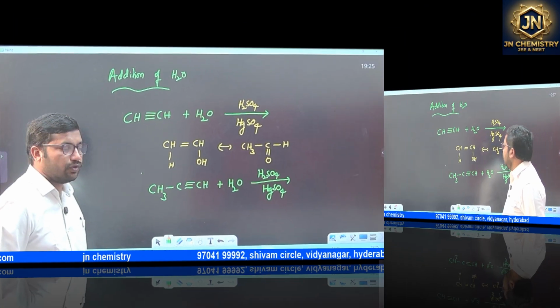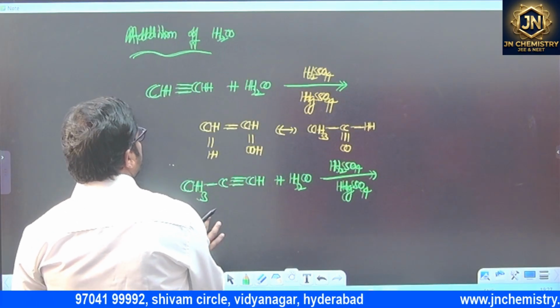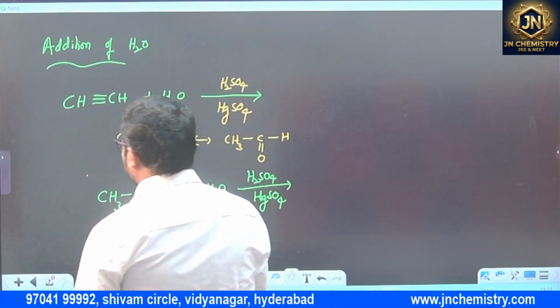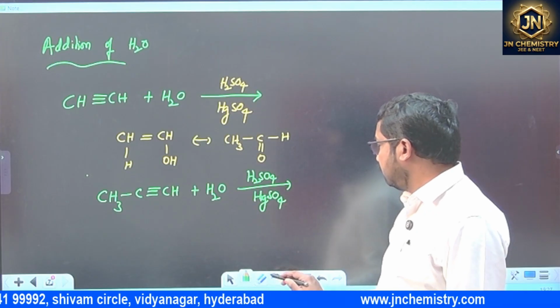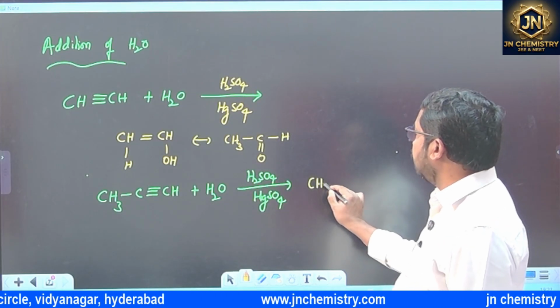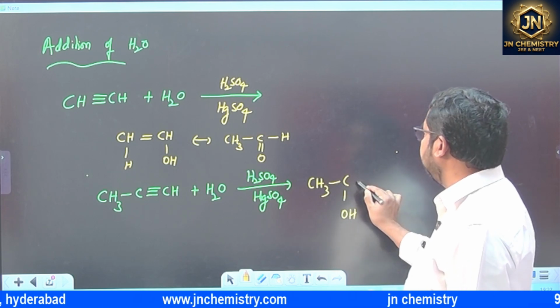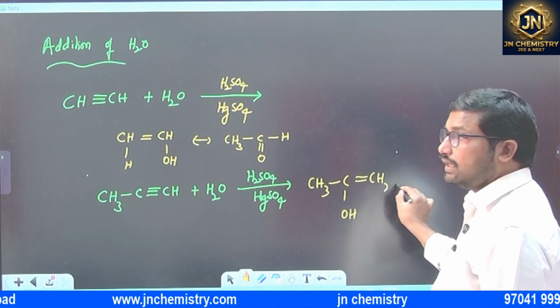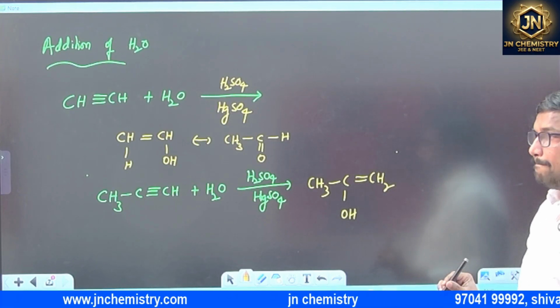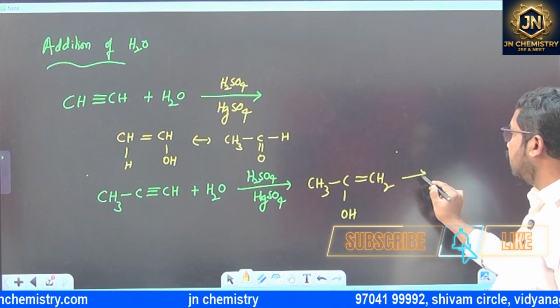H2SO4, HgSO4, let me know. So here what is the product? CH3, C(OH)=CH2. Now this is the enol form.